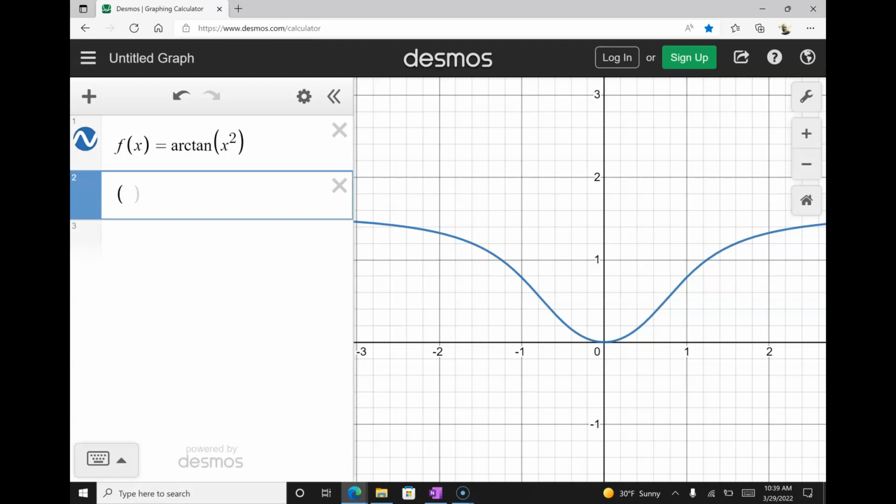So I want minus the square root of 3 over 3, comma, pi over 6. Look at that.